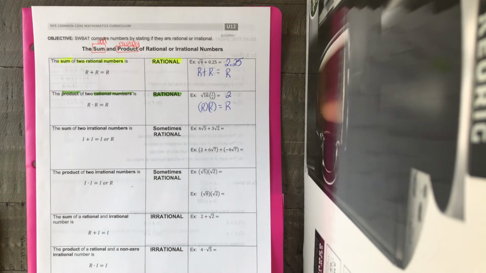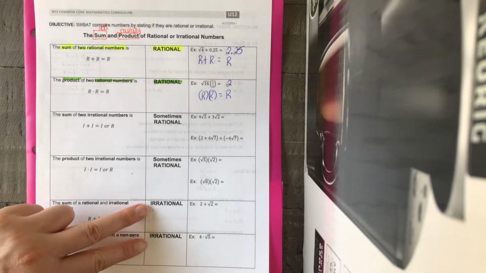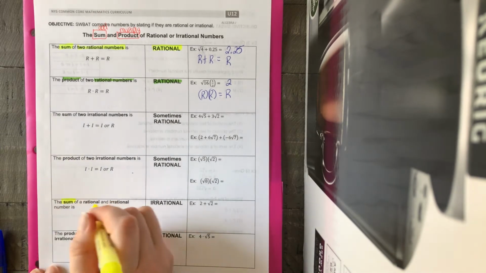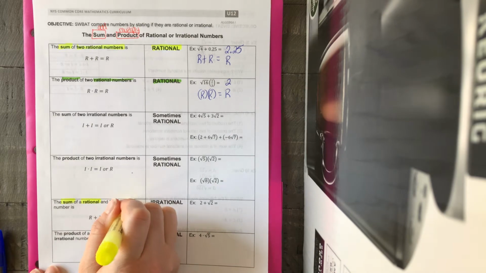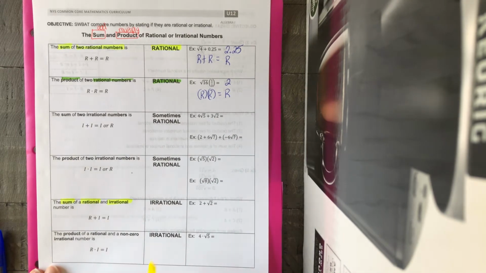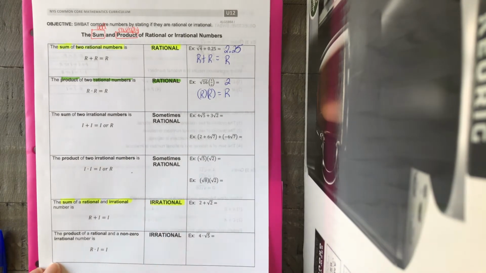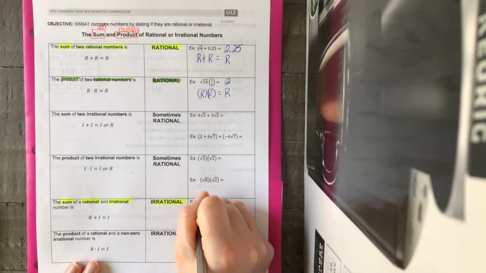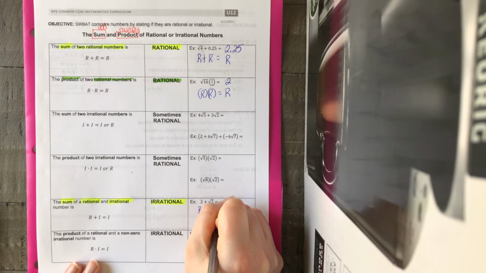Now I'm going to jump down to the bottom, and I want to look at my irrational choices. Let's go back and highlight sum. Again, I know that the sum of a rational and an irrational number should be irrational. So let's type it in our calculator and see what happens. I know the first number is rational and the second one is irrational.